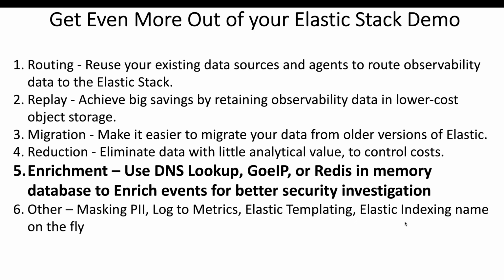The fifth use case that we see Elastic customers using Cribl with is around enrichment. Enrichment really means the ability to take lookup tables, for example, DNS lookup, GeoIP lookup, or even the Redis in-memory database, to enrich the events for a better security investigation.